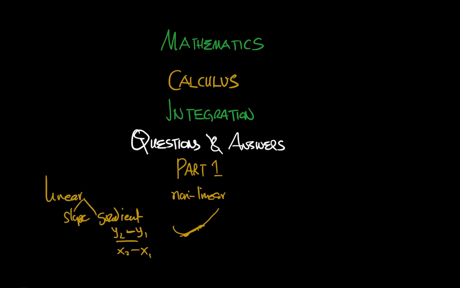It's going to be difficult, and this slope here is going to be different from the slope there. But for the straight line, if there's A and B and there's C and D, the slope between these two is the same as the slope between those two. But with a curve, here and here will be different.